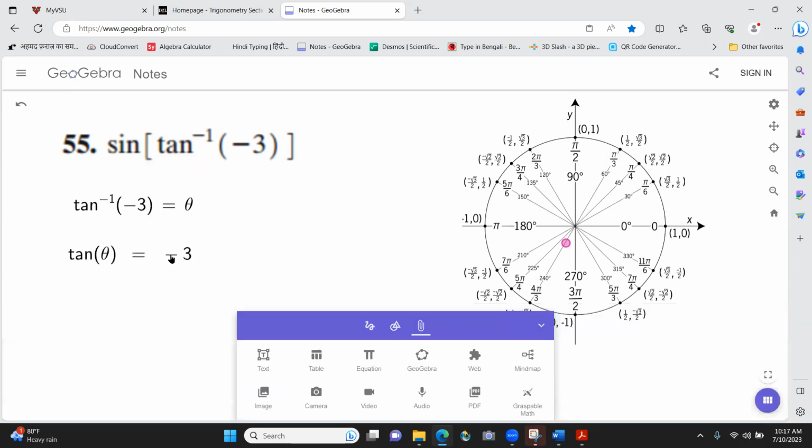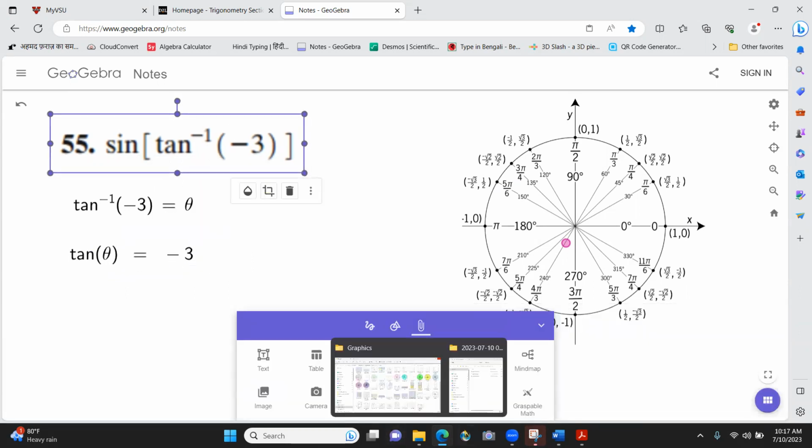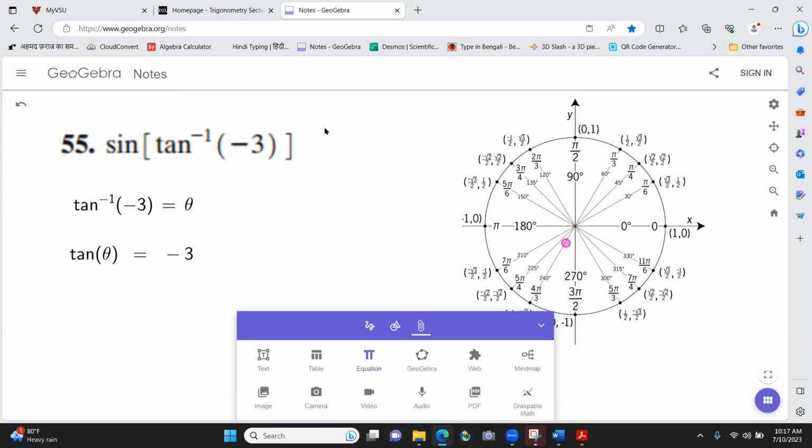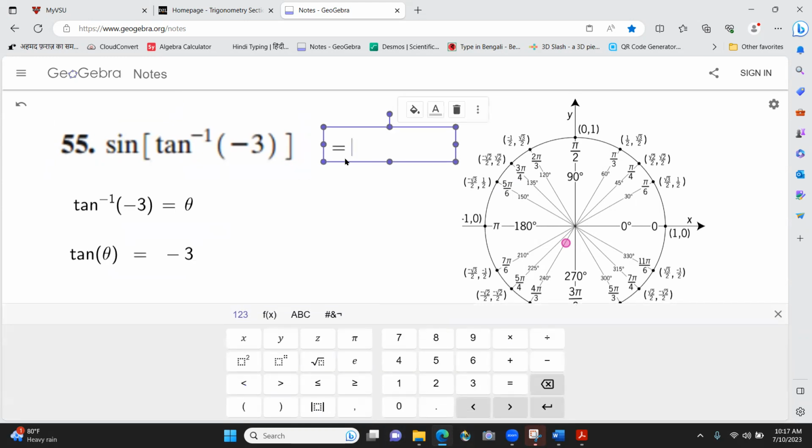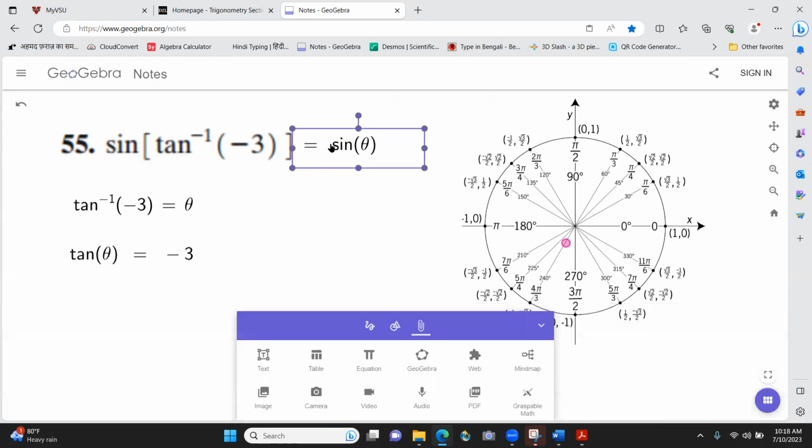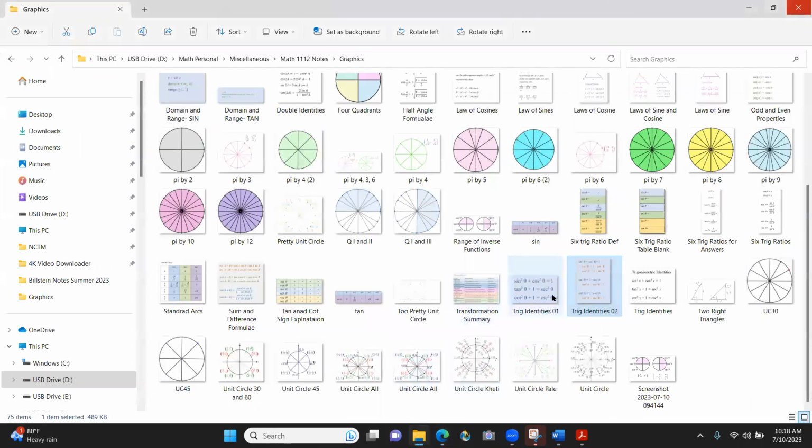Now, if tan theta is -3, the real question turns into finding sine theta. Now, how do I go from tan theta to sine theta? Not so obvious. Remember our trig identities?